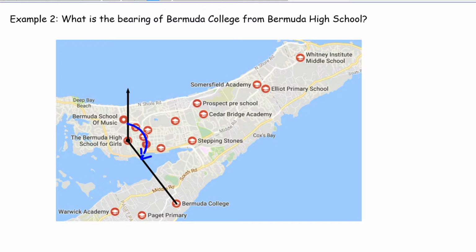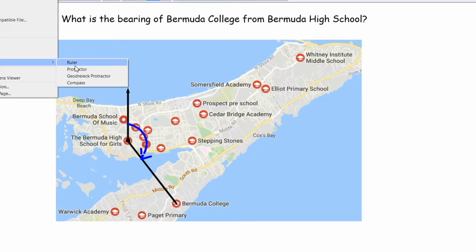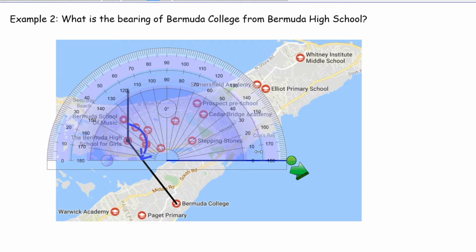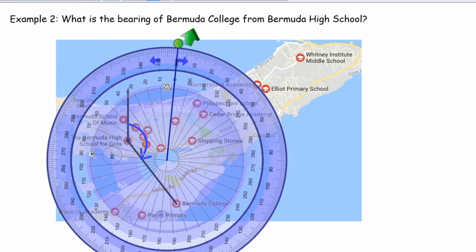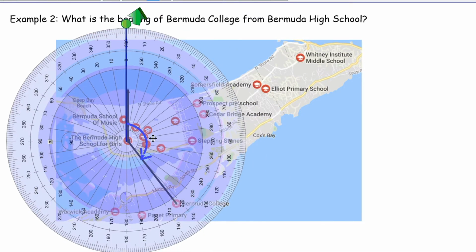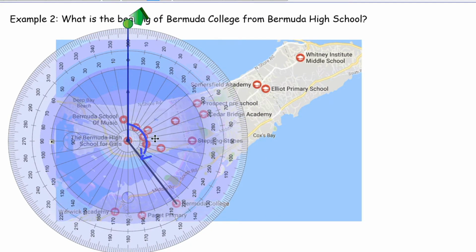Again, we take a protractor and measure it. This should be facing north. Drag it to the center. All right. Remember, we always measure from 0. So 0, 10, we are going to use the outside one.